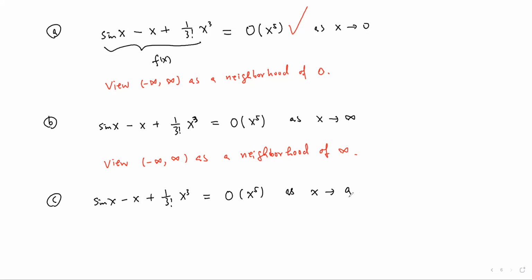Any finite number, or negative infinity, or positive infinity, because I view this interval as a neighborhood of the point A. This is example 1. Now, example 2.